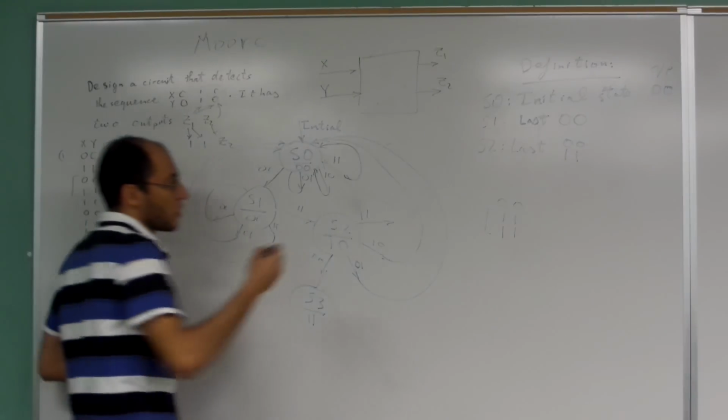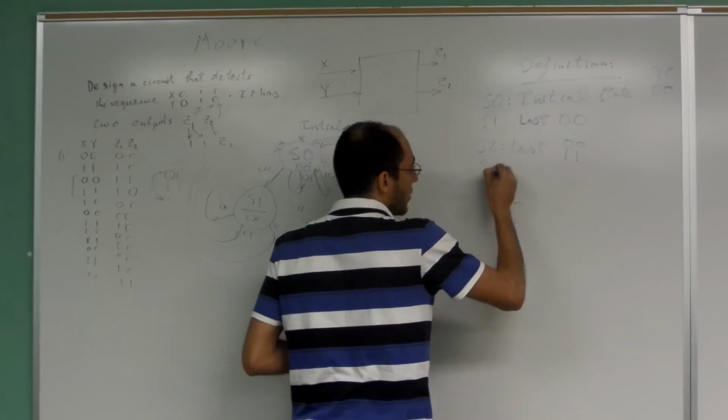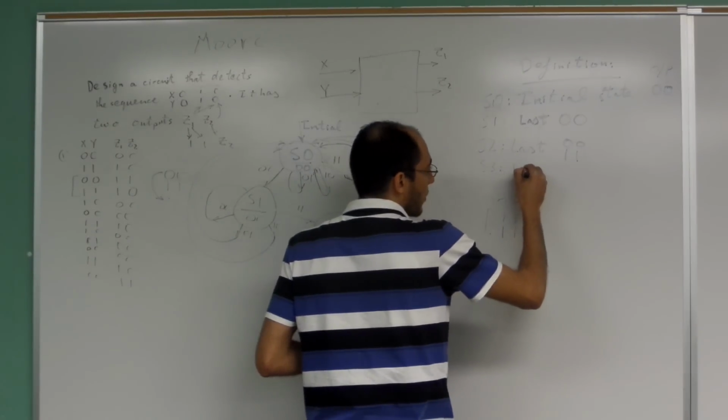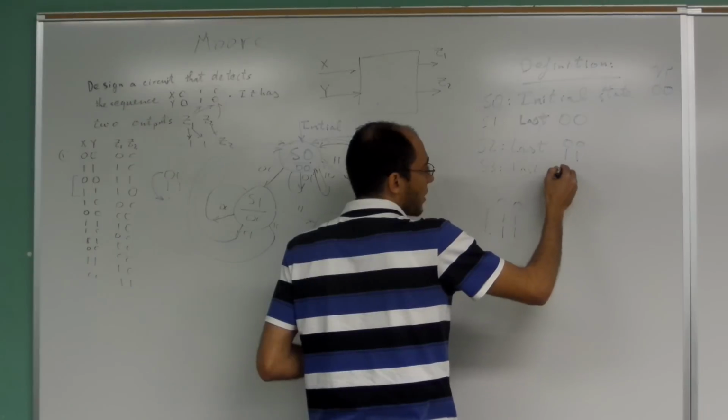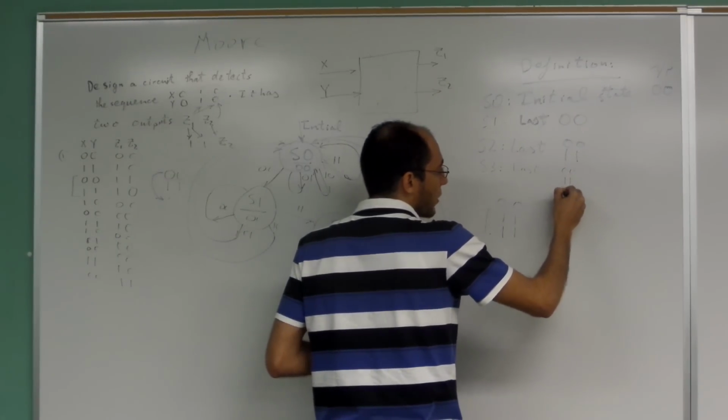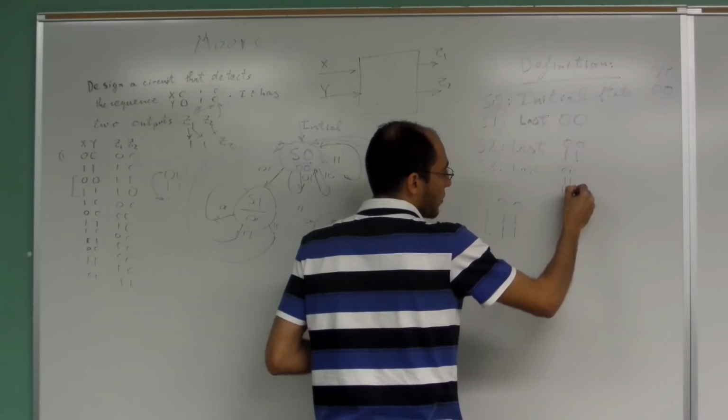So, what is the definition of S3? S3 means that the last 3 cycles received so far are 0, 0, followed by 1, 1, followed by 0, 0.